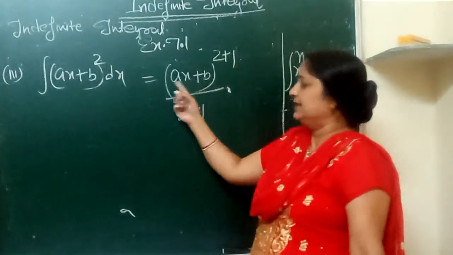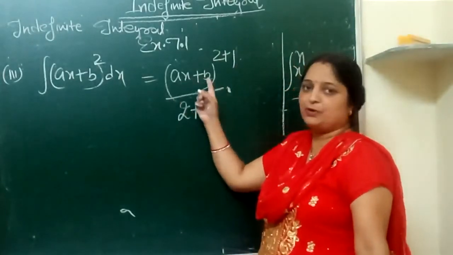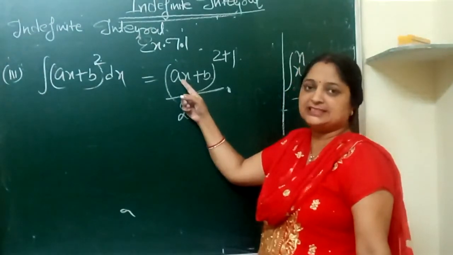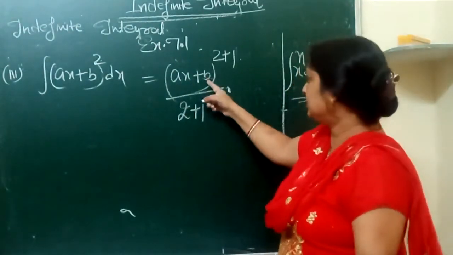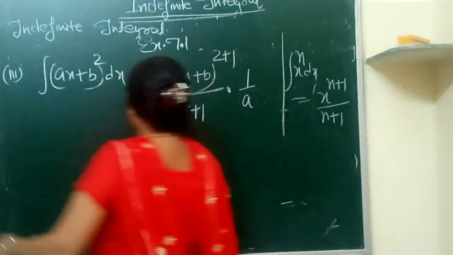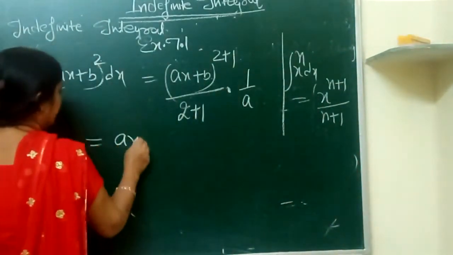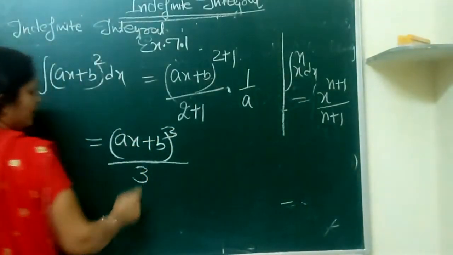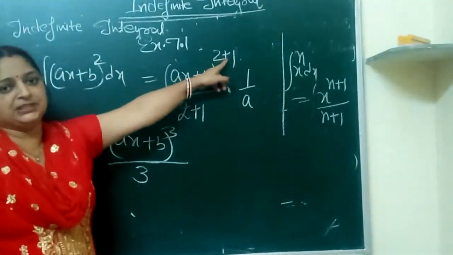After that, the derivative of ax plus b is a, because b is constant, so in integration it will come in the denominator. So what will come here? ax plus b raised to power 3 upon 3. No need to write the step n plus 1.